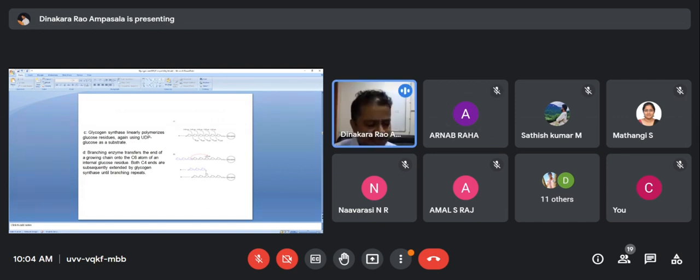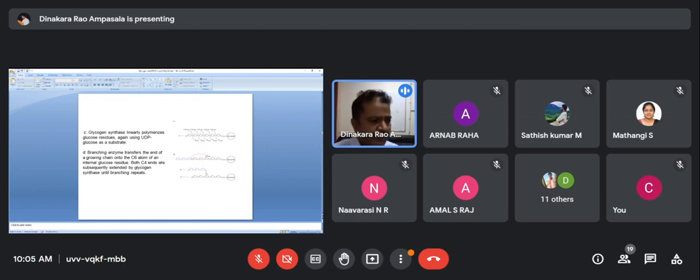Okay, so this is the way glucose will be added to the polymer structure of glycogen, and the number of polymers will be the number of branch points present inside the glycogen. Until glucose levels go down in the system, extra glucose will be used to synthesize glycogen.